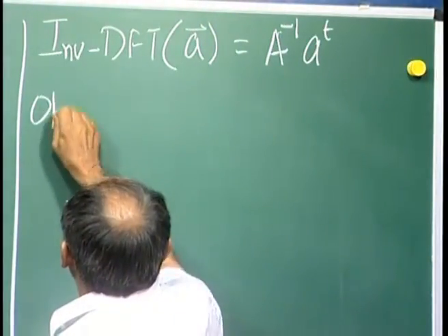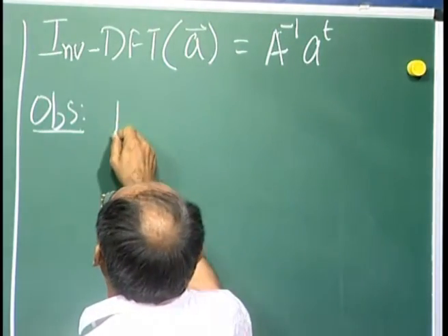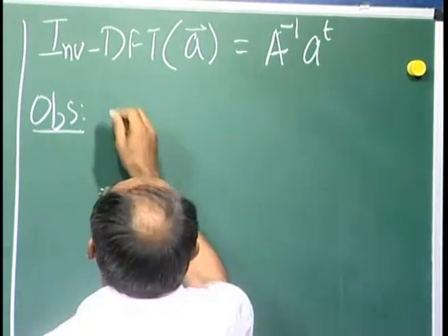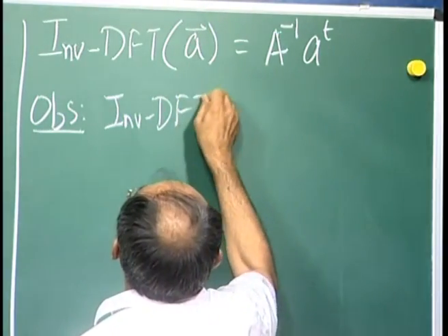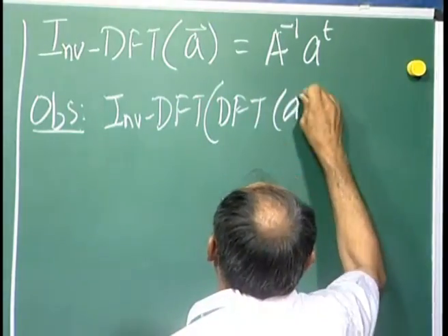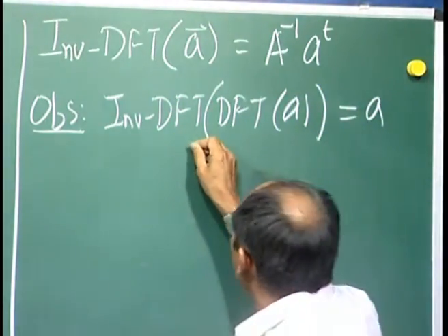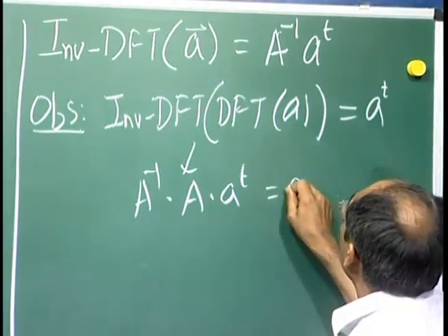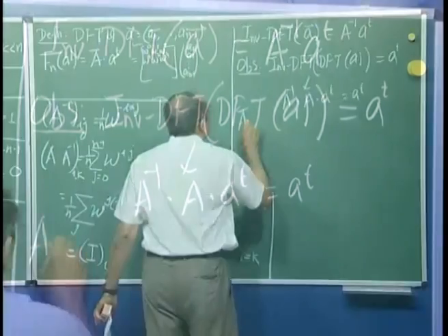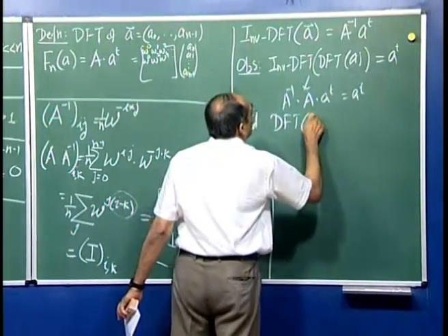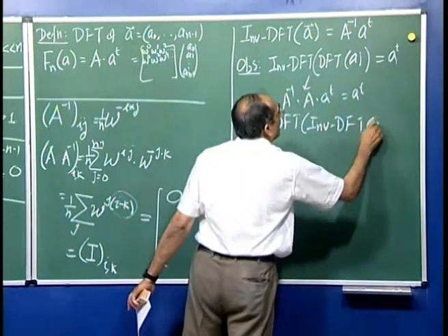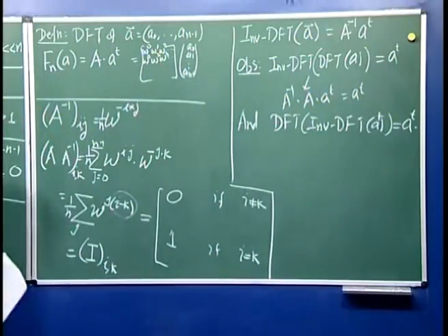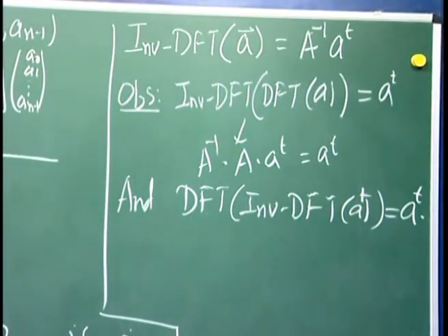And now observe that the inverse DFT of the DFT of a should be a, because this is nothing but A inverse times A a, and the DFT of the inverse DFT of a is also a.